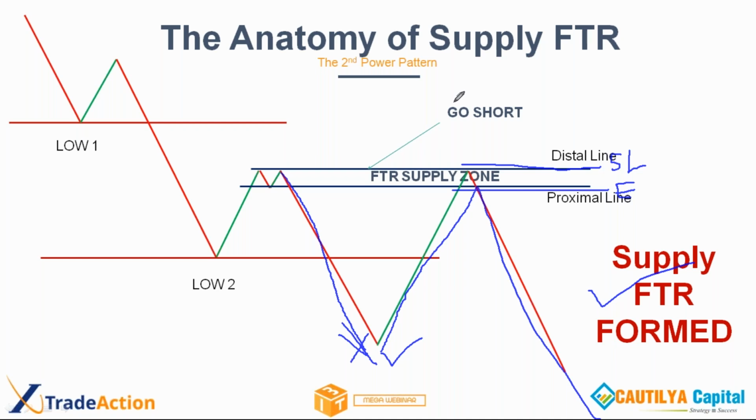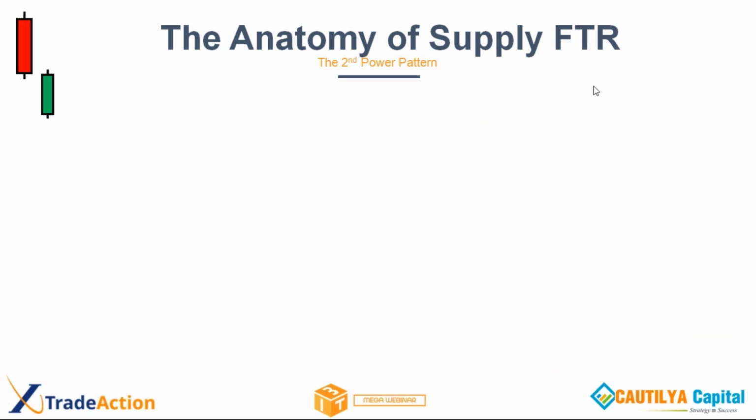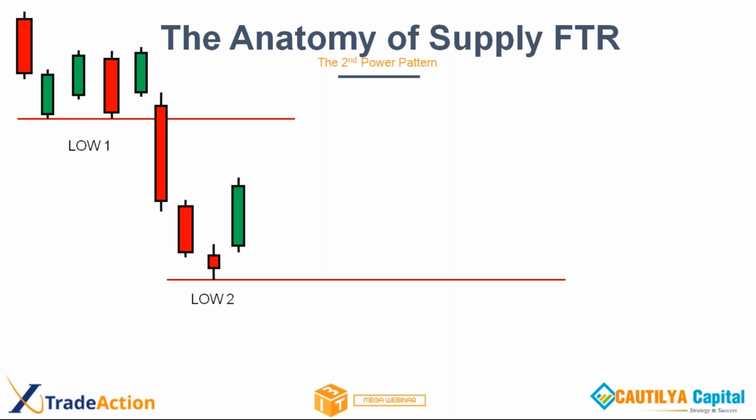I am going to clear this slide and go to normal mode. Now comes the candlestick story. Low 1 formed. Price broke the low. Rule number 2. Low 2 formed. Rule number 3. Price went sideways. Base formation.